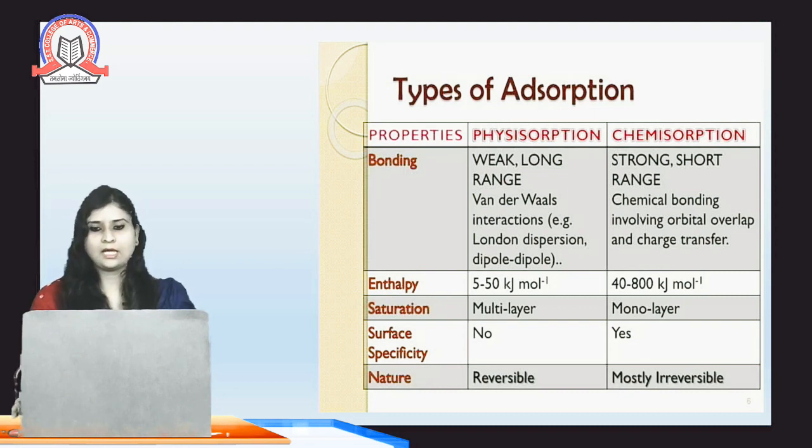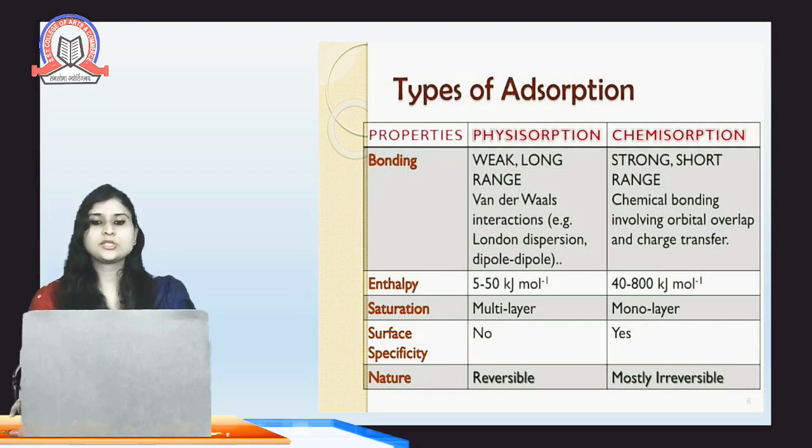The second one is enthalpy. In physisorption, it is a weak force of attraction, so 5 to 50 kilojoules per mole is the range of enthalpy. But when we see chemisorption, the range of energy or enthalpy involved is 40 to 800 kilojoules per mole.